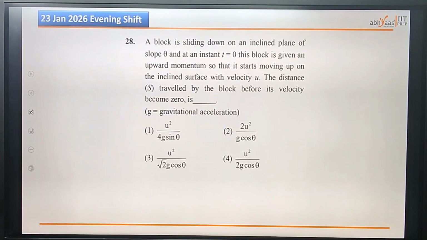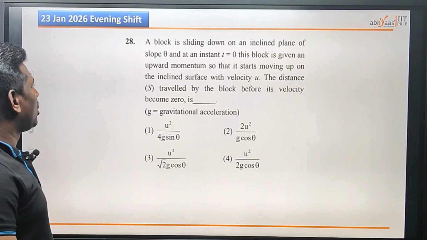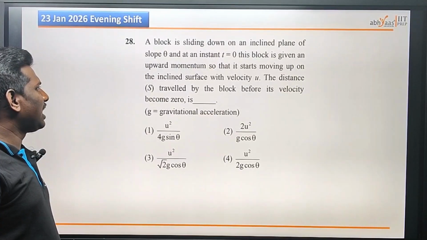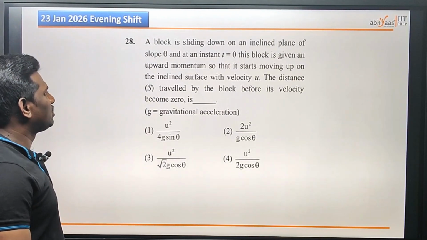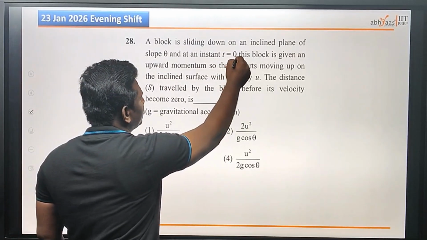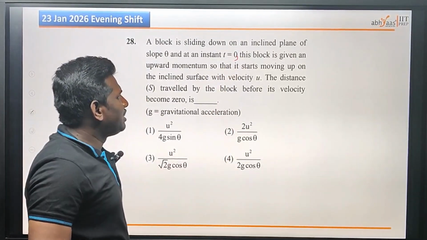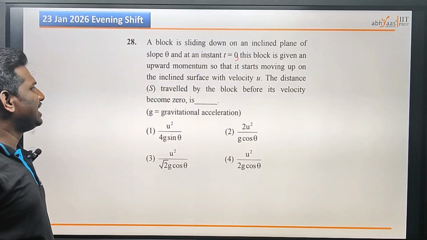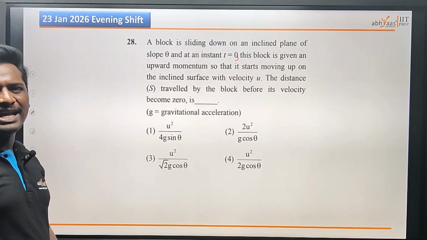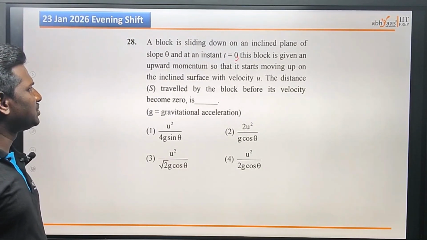Next question, 28. A block is sliding down an inclined plane of slope theta at an instant t equal to 0. This is one case. And this block is given an upward momentum so that it starts moving up the inclined surface with velocity u.